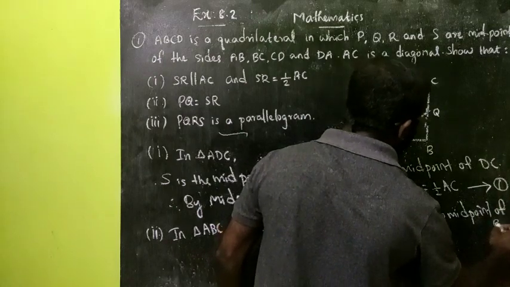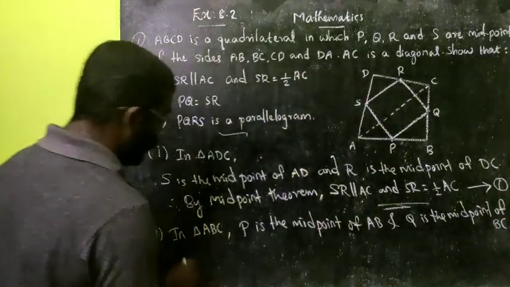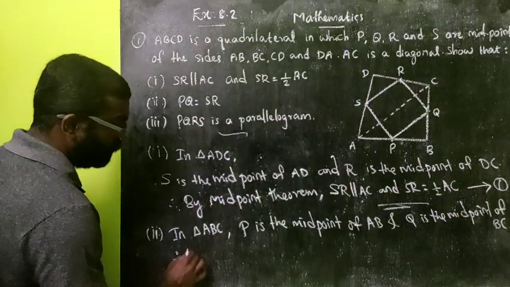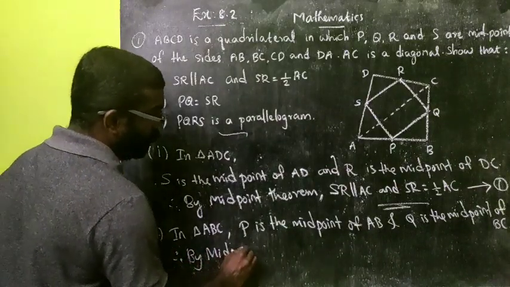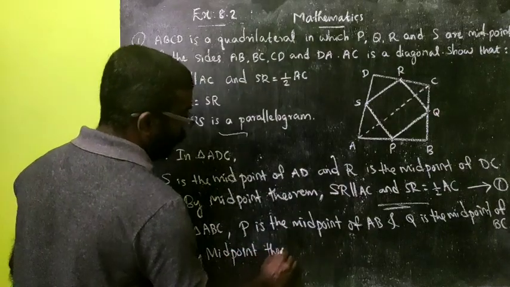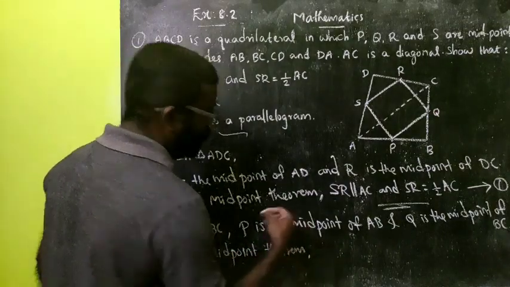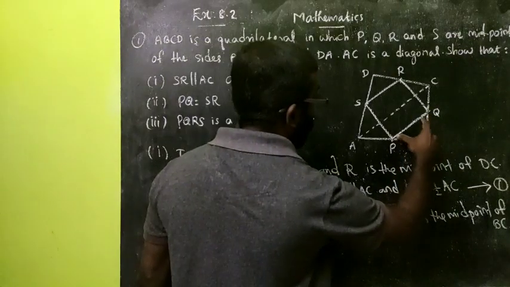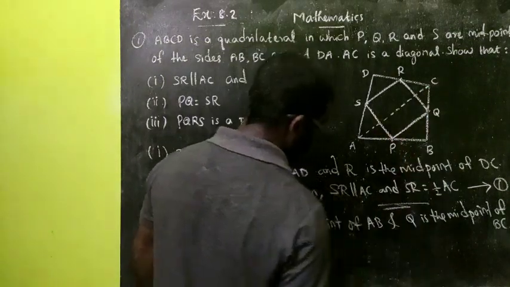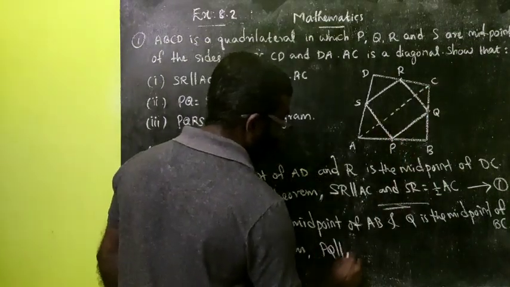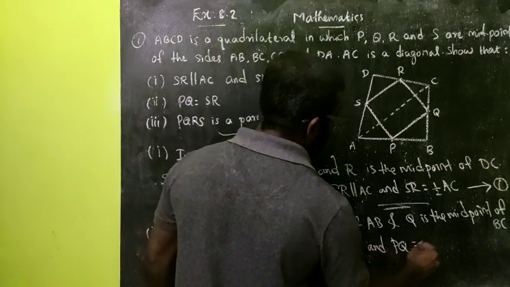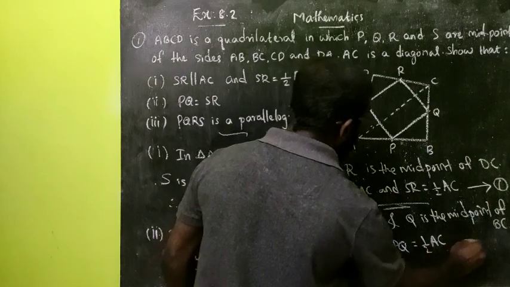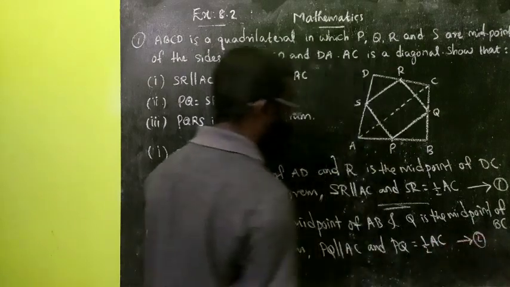Therefore, by the midpoint theorem, we can write PQ is parallel to AC and PQ is equal to half AC. We can consider this as equation number 2.